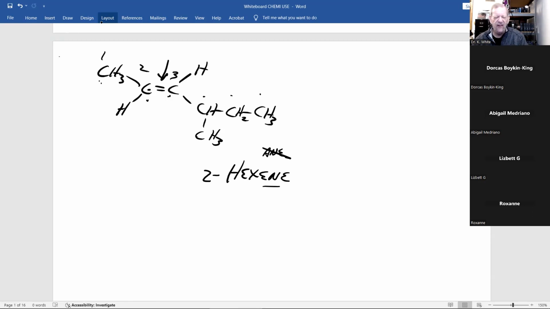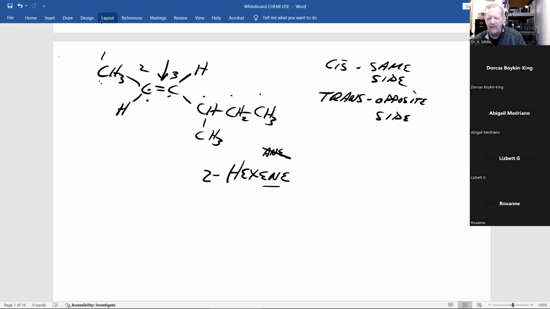Now, if you have two groups that are the same on each carbon of the double bond, you have to worry about cis and trans. In this case, hydrogens; in my class, I stick to hydrogens.